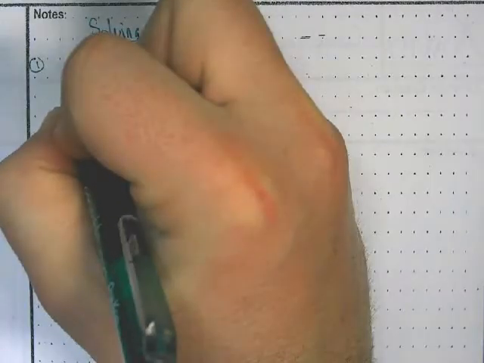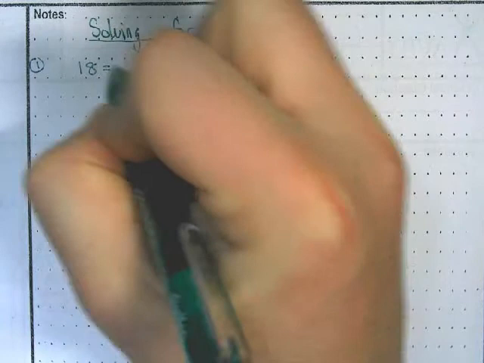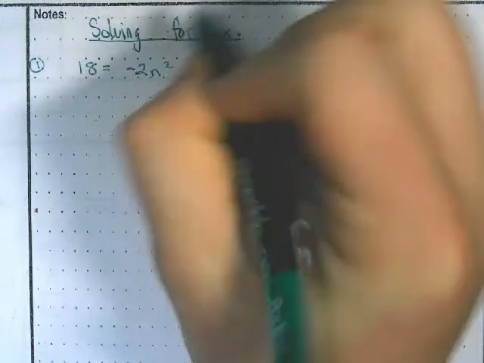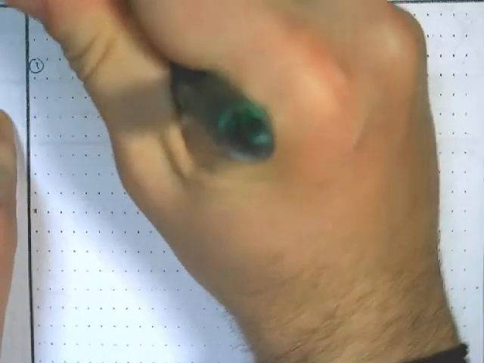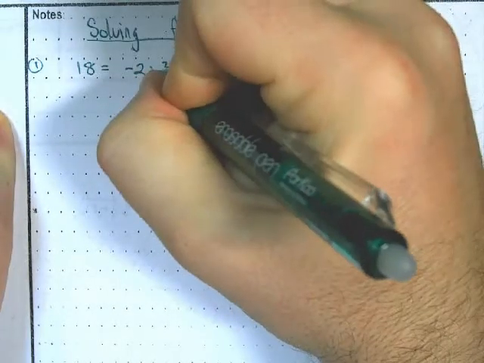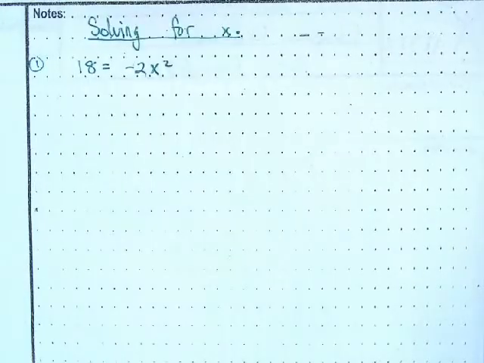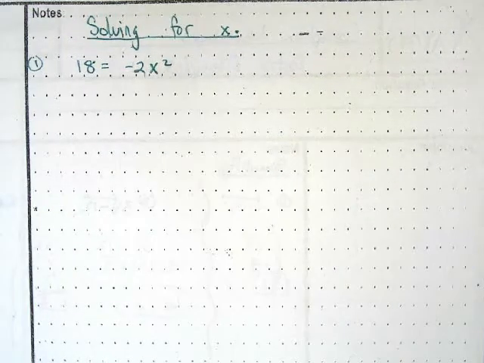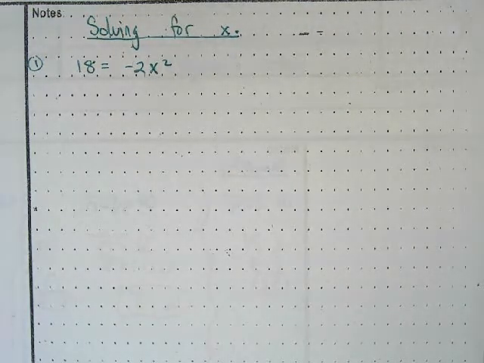So if we have 18 equals negative 2 x squared, we want to solve for x. So we go through our motions. We're going to isolate the square, then take the square root of both sides. Just kind of see how it unfolds.